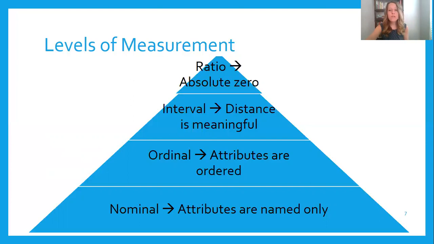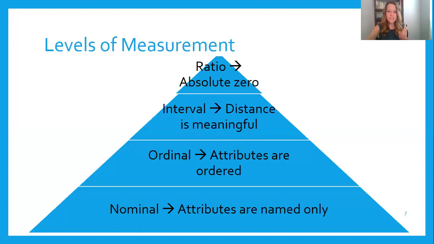If we compare that to the interval level of measurement, here, these don't have a meaningful 0 point. So think about, for instance, a satisfaction scale. Even if you marked that you had a satisfaction level of 0, what does that mean? Does that mean neutral? Does it mean unsatisfied? Does it mean actively dissatisfied?